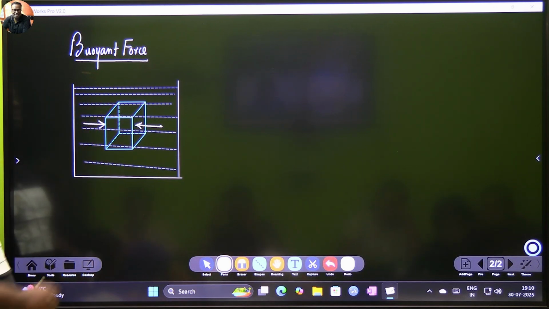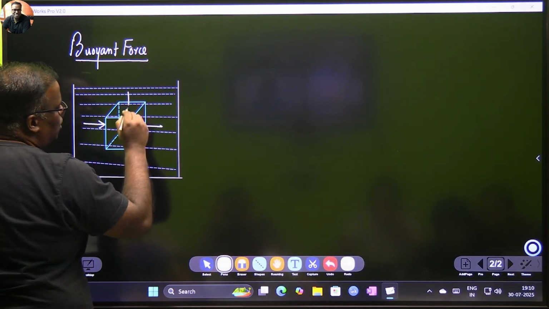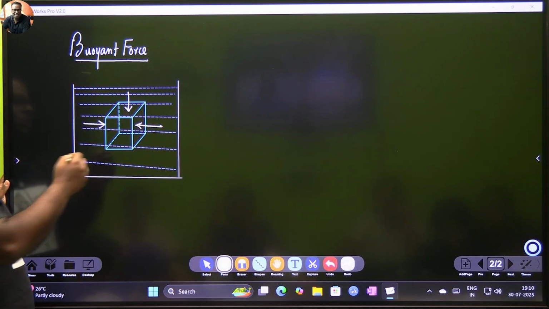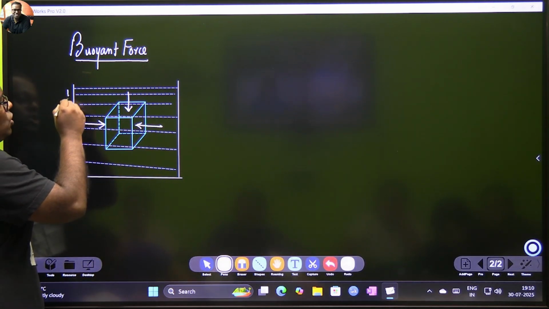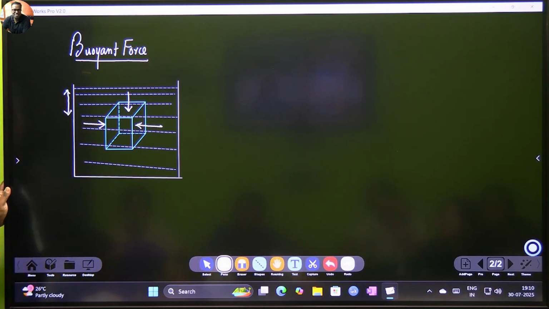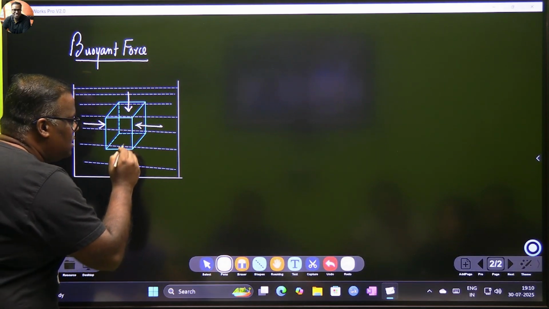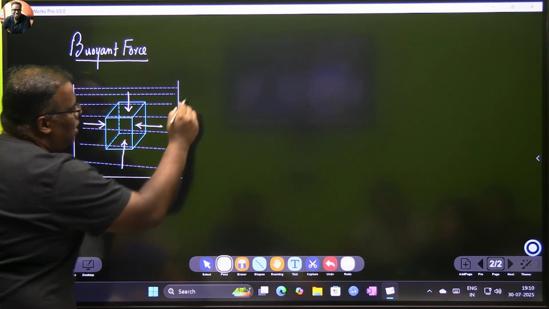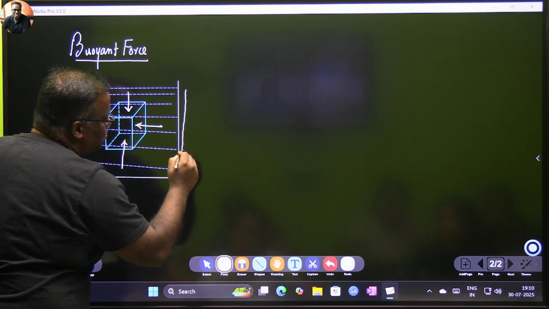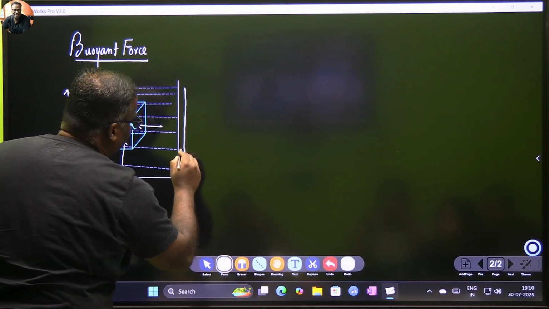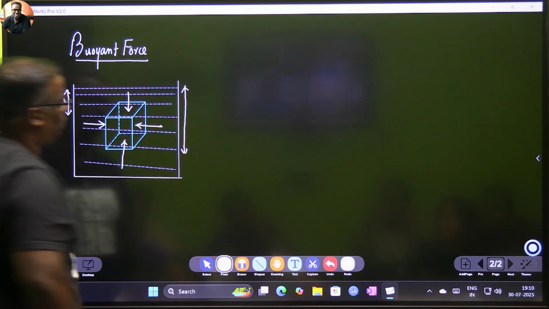But the problem is that if I see the pressure on top, then this pressure is dependent upon how much height or depth I have gone from the liquid level. Do you understand? And the pressure that this body will experience at the bottom surface will depend upon how much the bottom surface is at a depth from the top surface.